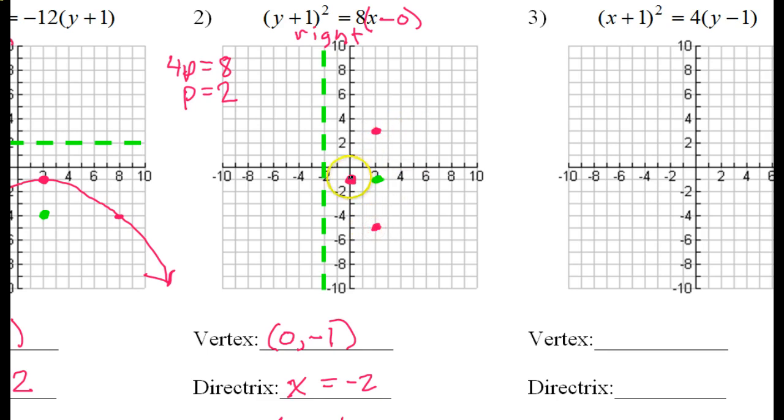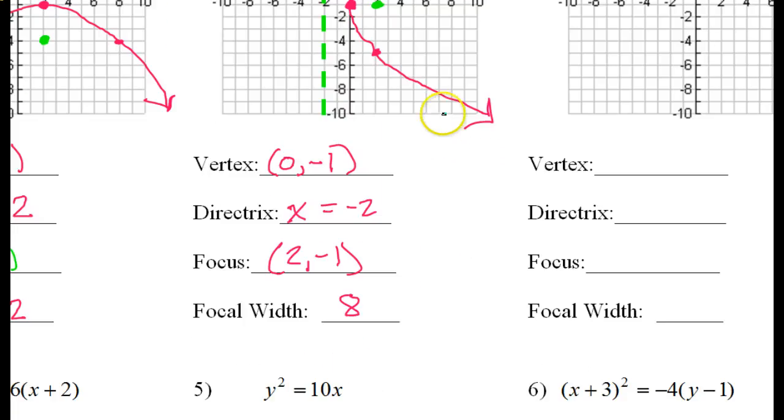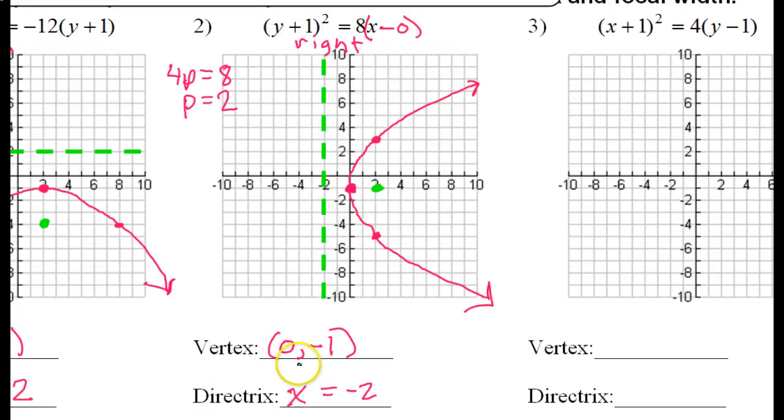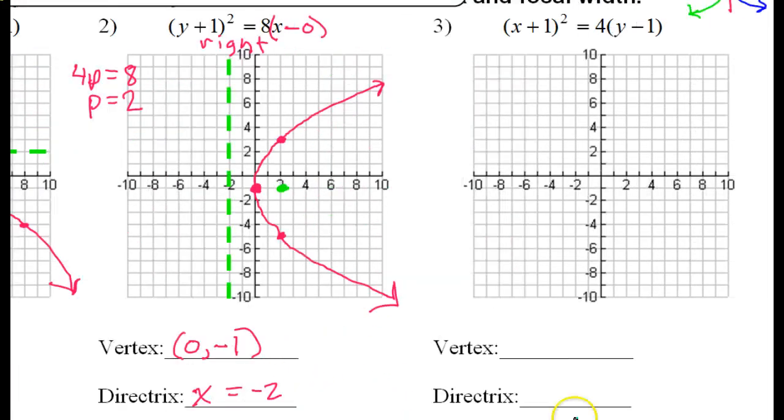All right, so that gives me all the information I need to go ahead and draw my parabola. All right, so there's number 2 in all of its glory. All right, number 3.